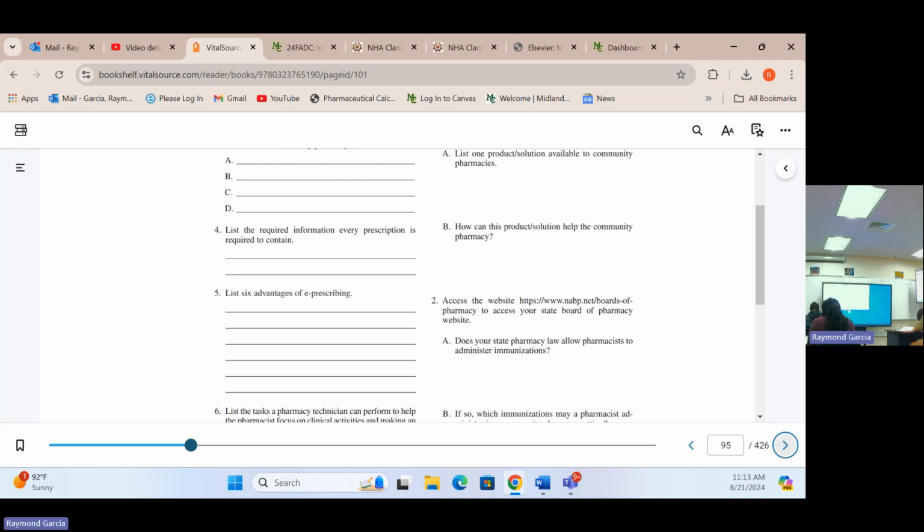Prescriber information, patient information, superscription, inscription, subscription, and signa. That's what I just went through with y'all right now, and that's on page 171.